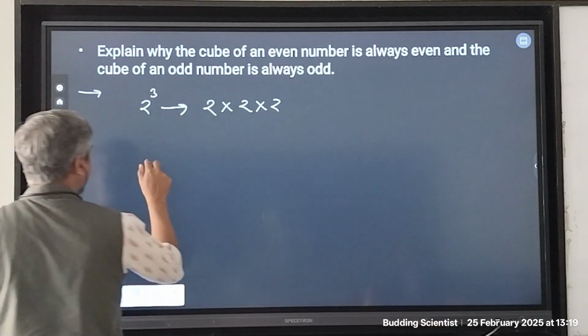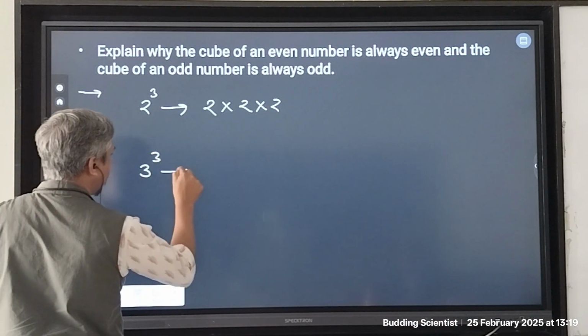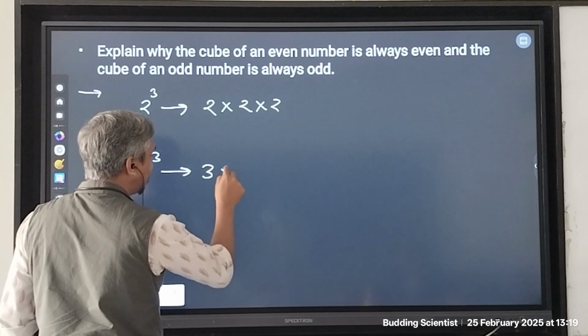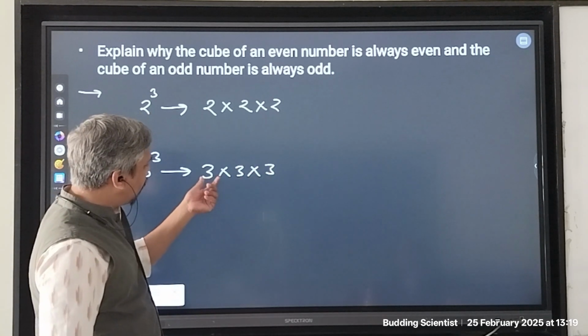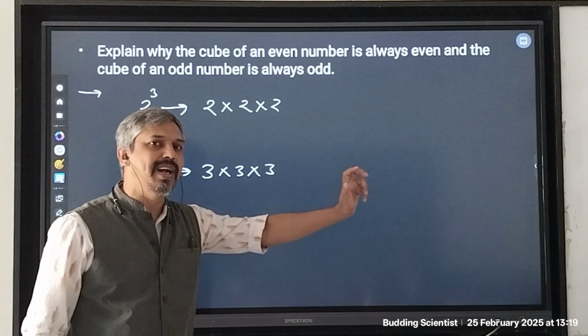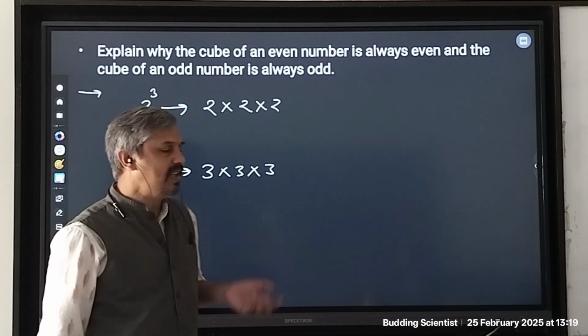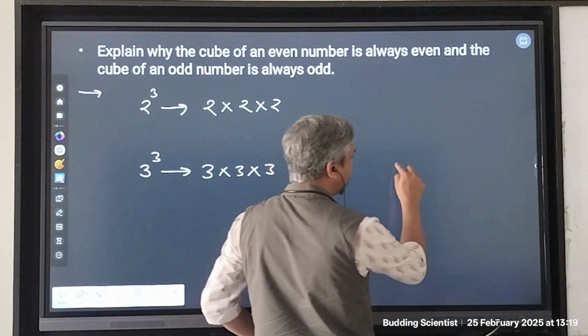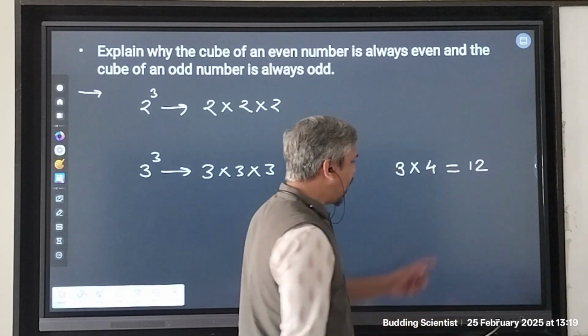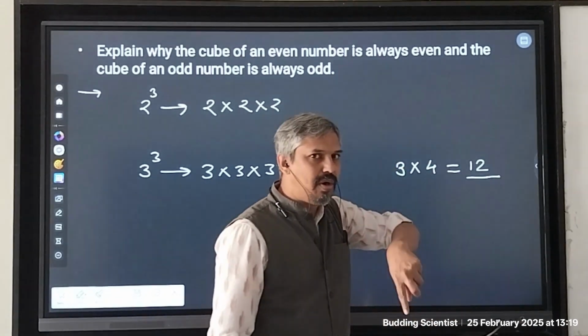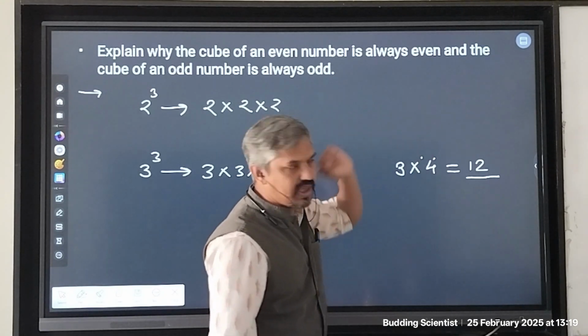And if you take, let's say, 3 cube, then you are basically doing 3 into 3 into 3. So if you start with an odd number, the only way you can get an even answer is if you multiply by an even number. So 3 into 4 can be 12. So the answer is even because the multiplying factor was even.